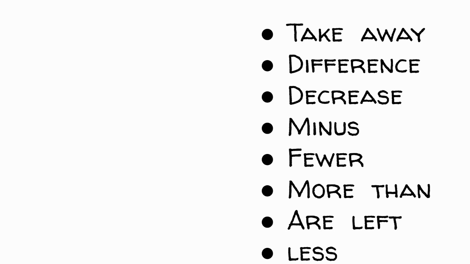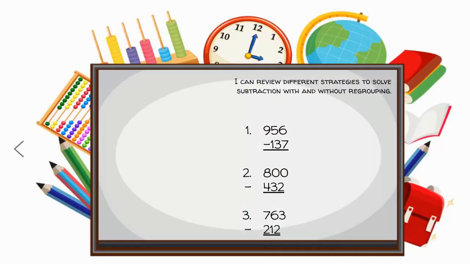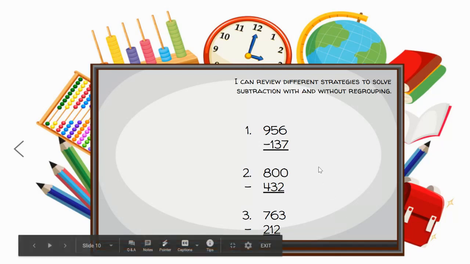So these words are part of the words that you can box that are going to help you define what the problem is about. We're going to go through three different subtraction problems. So let's go with the first one.